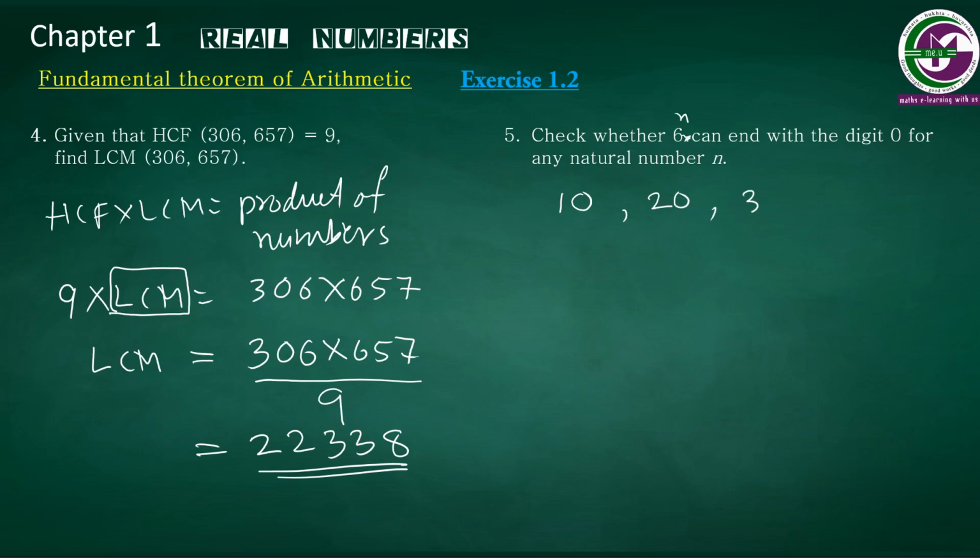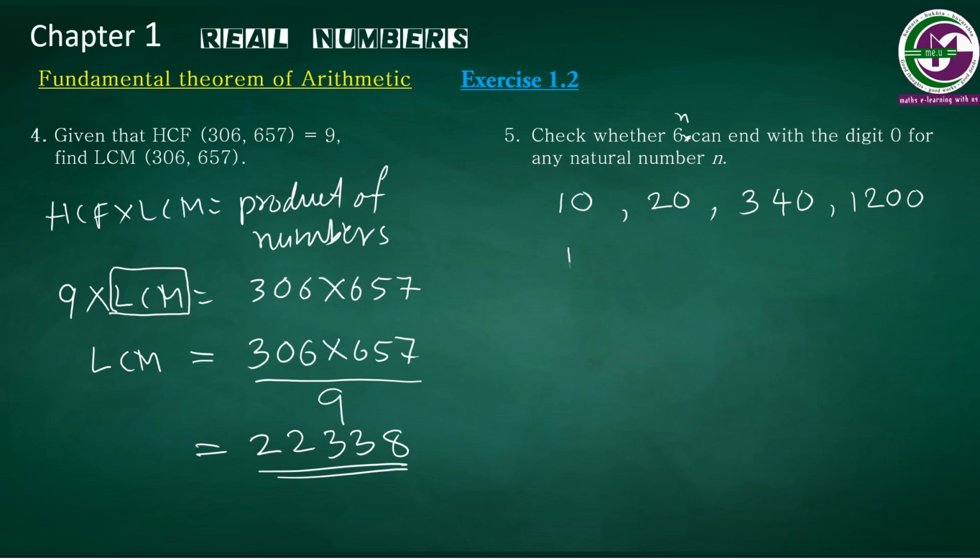If you are taking 340, it ends with 0, so it is a multiple of 10. It is 34 times 10, which is 340. If you say 1200, this is 120 times 10, that is 1200. So any number which ends with digit 0 is a multiple of 10. That means 10 is a factor of that number.